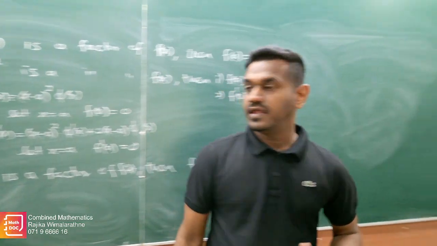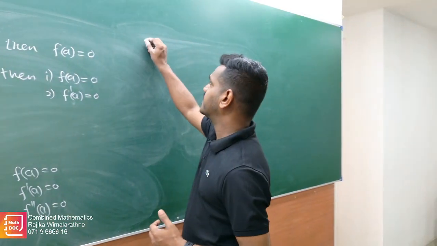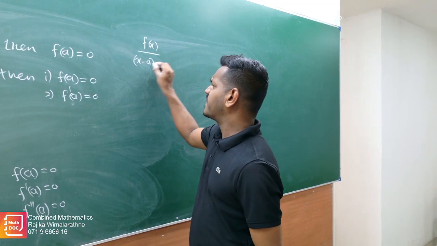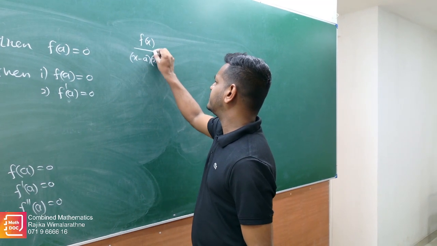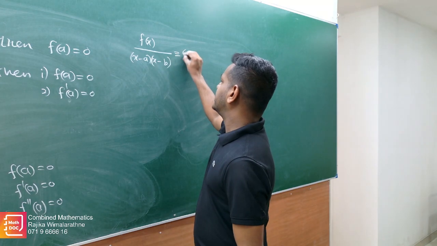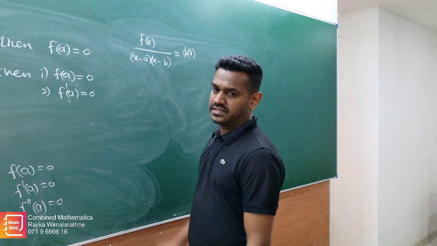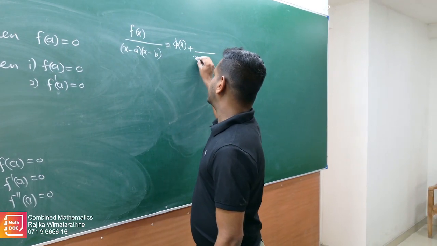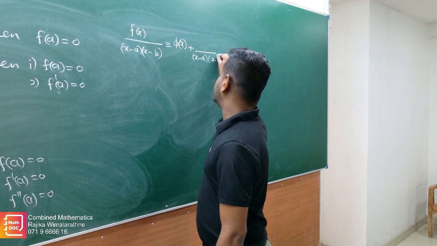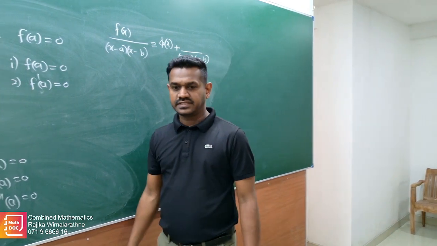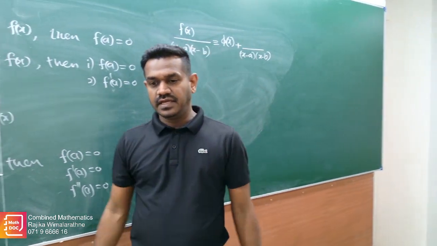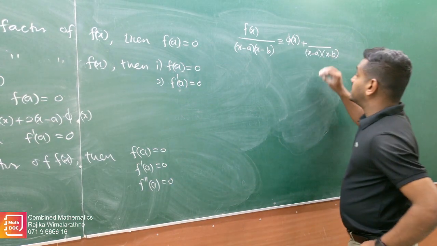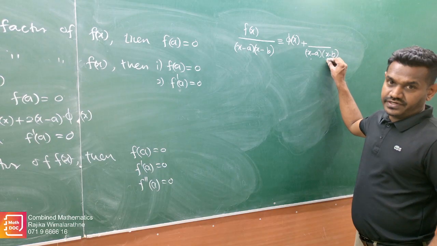Check this out. You consider f x divided by (x minus a)(x minus b). Here this will be the quotient. Now we have a quadratic divisor.